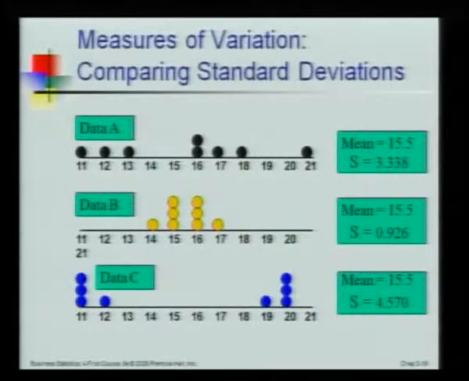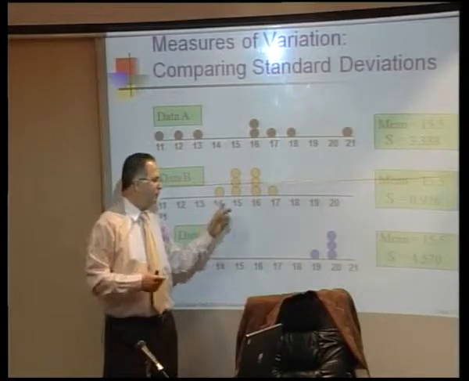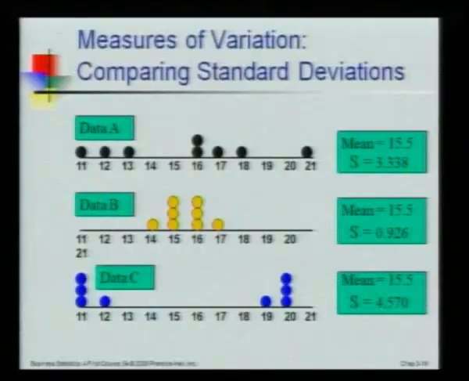If you look at data B, all the points are gathered around each other. I mean, there is no big distance between these points. All of them range between 14 and 17. So all 3 data sets have the same mean of 15.5.